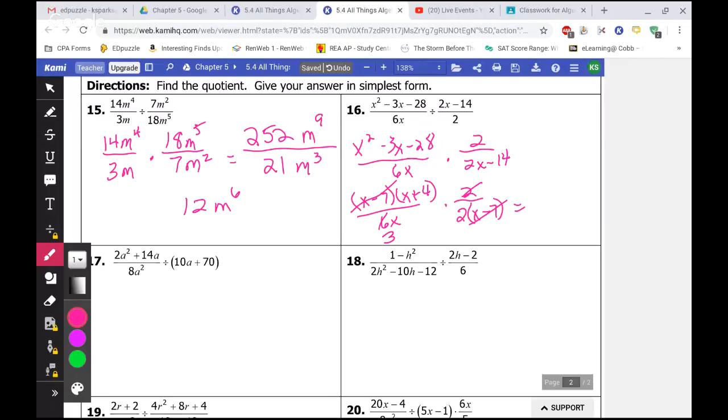So your final answer, oh, actually, I could have canceled this too. That would have been less complicated, wouldn't it? So your final answer is x plus 4 all over 3 times 2, which is 6x.